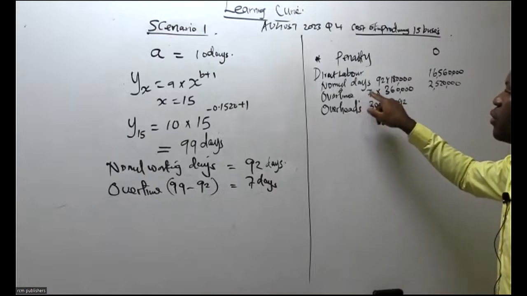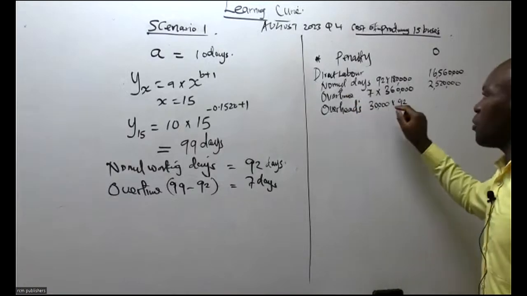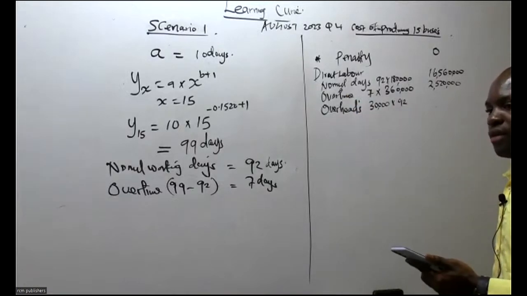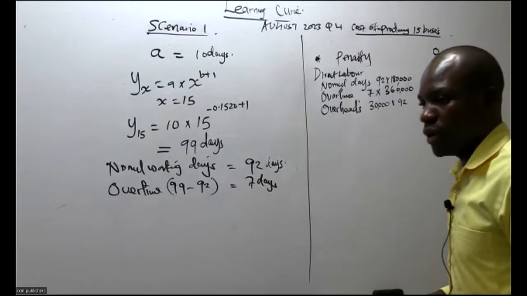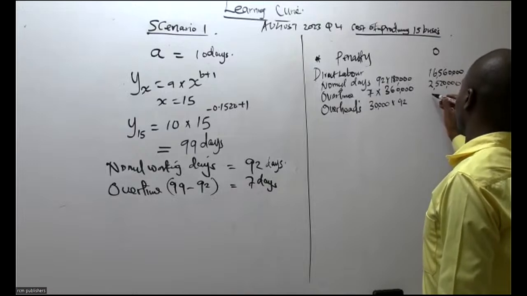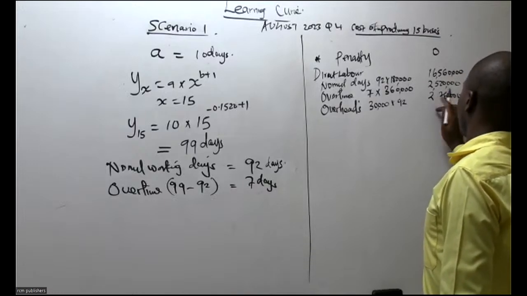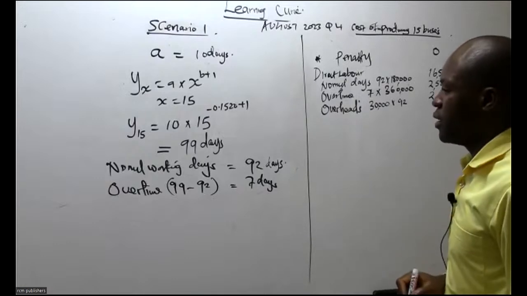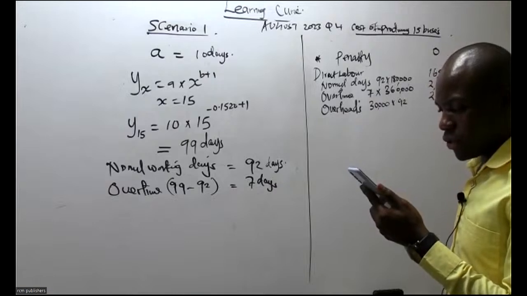The overtime will not be used to allocate the overheads. So how much is the overheads? 30,000 by 92. 2,760,000. Good.